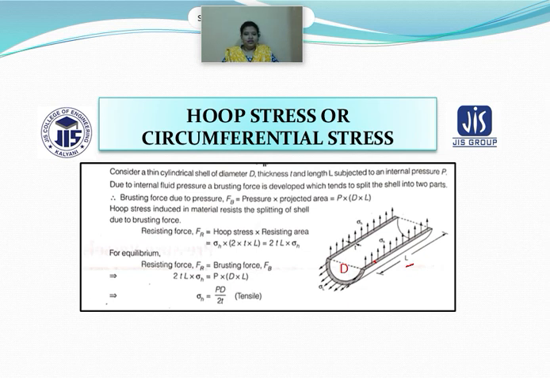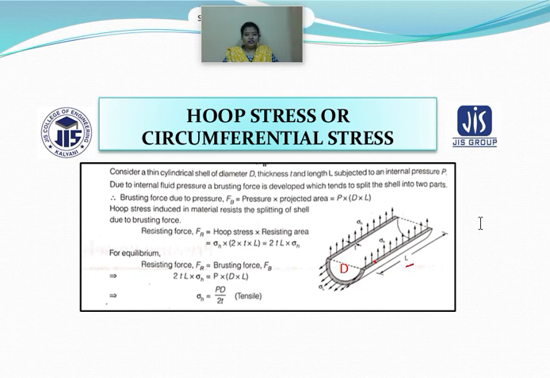Okay. So now what is happening is that it is subjected to an internal pressure that is to be considered as capital P, and due to this internal fluid pressure, there is also a bursting force which has already developed, and its tendency is to split the shell into two parts.